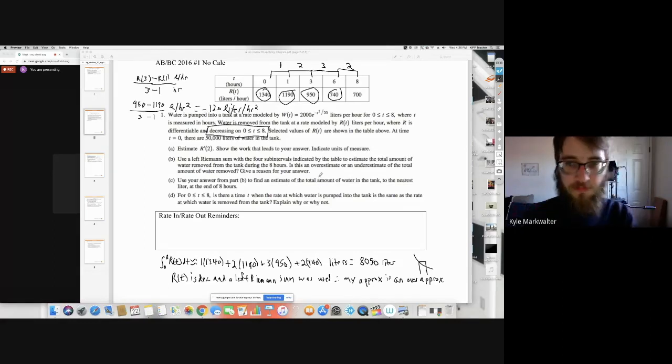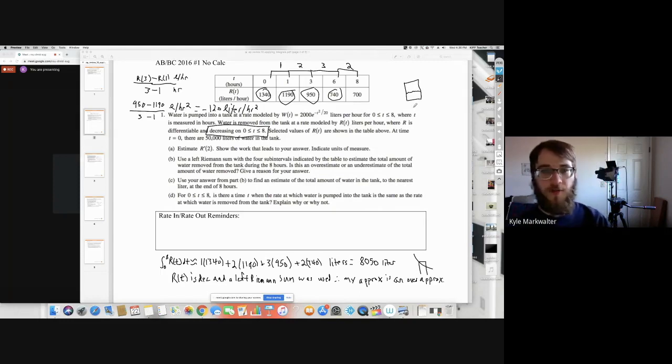Well, here's the thing, right? We have this tank of water, and I like to do little diagrams. We got a tank of water. It has some water in it. We do know at time t equals 0, there is 50,000 liters of water in the tank. So there's actually water in there at the beginning, right?